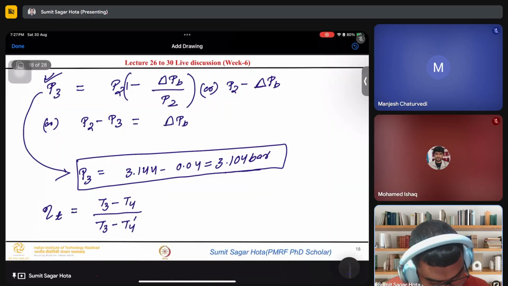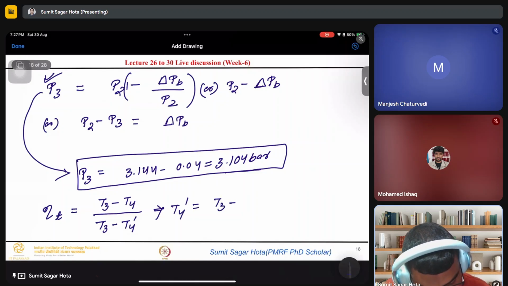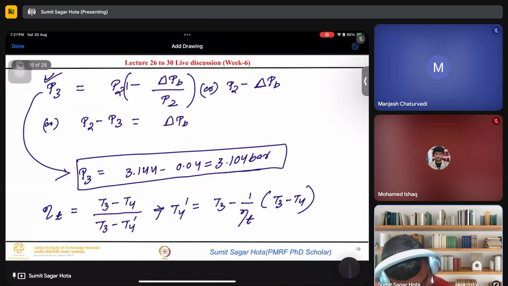So if you directly find T4 dash, it is equal to T3 minus 1 by turbine efficiency into T3 minus T4.